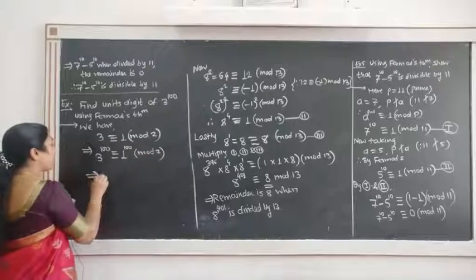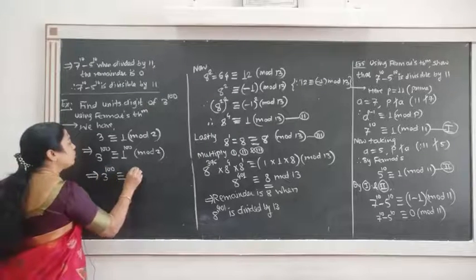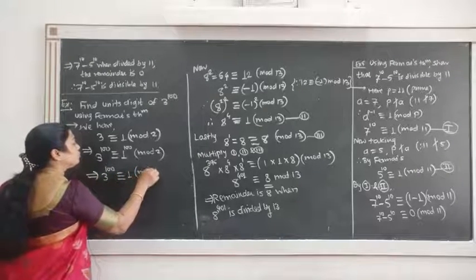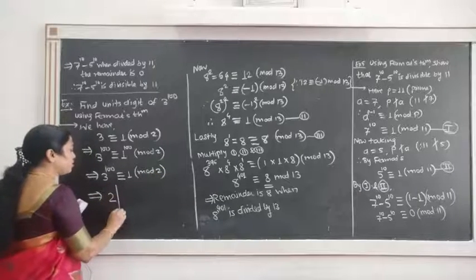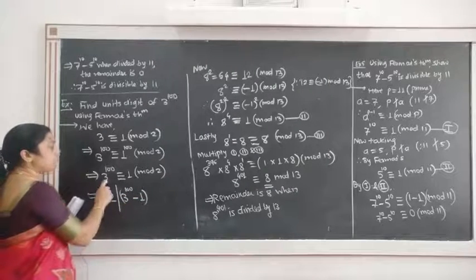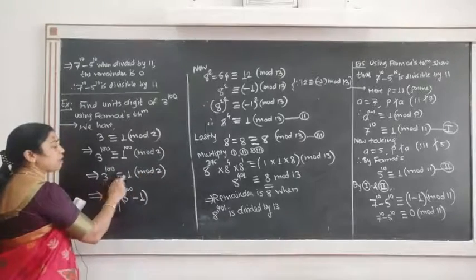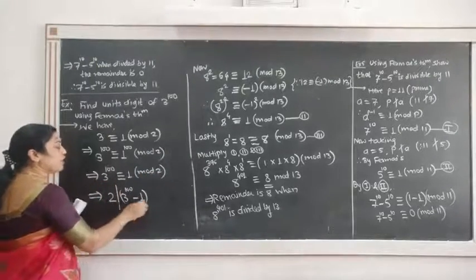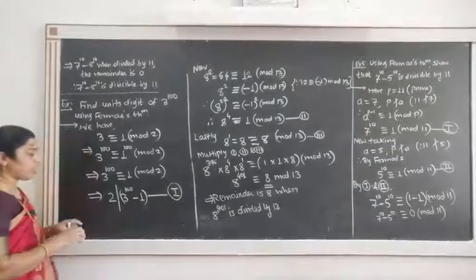This implies that 3 raised to 100 is congruent to 1 modulo 2. This means that 2 divides 3 raised to 100 minus 1 by definition of congruence: A is congruent to B mod n if n divides A minus B. So 2 divides 3 raised to 100 minus 1.